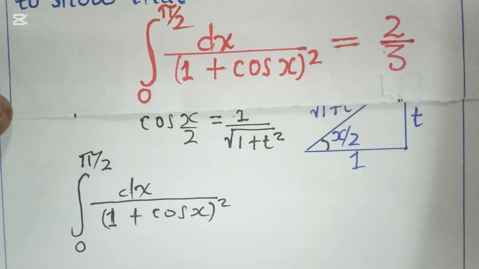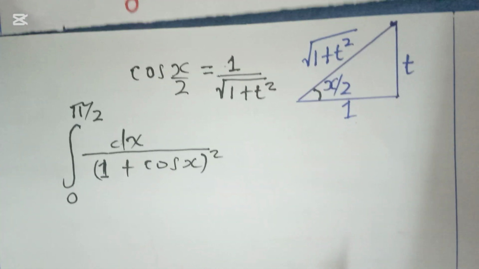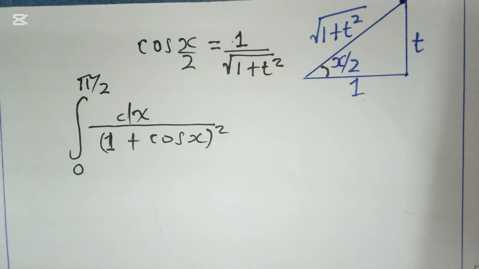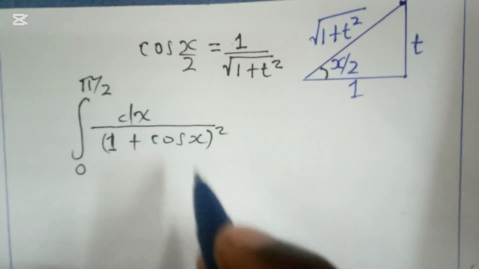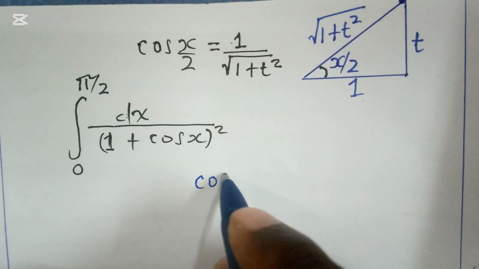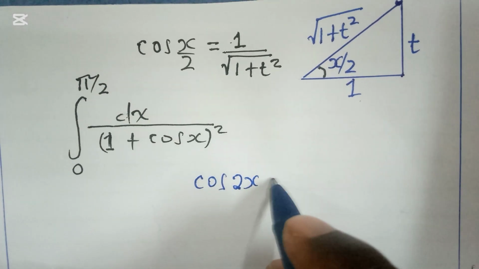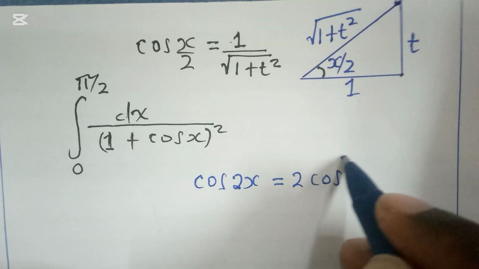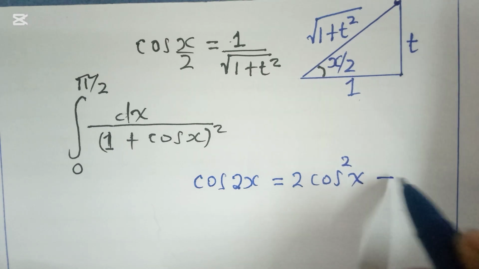So guys, I can start this question now, and this is how I am going to start. From trigonometry, we know that cos 2x gives us 2 cos squared x minus 1.